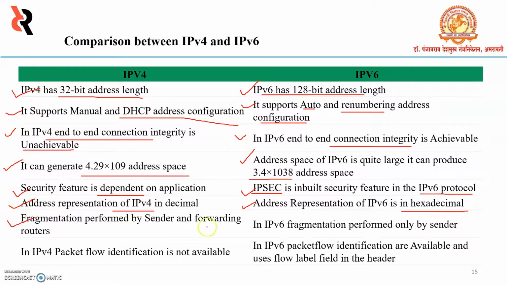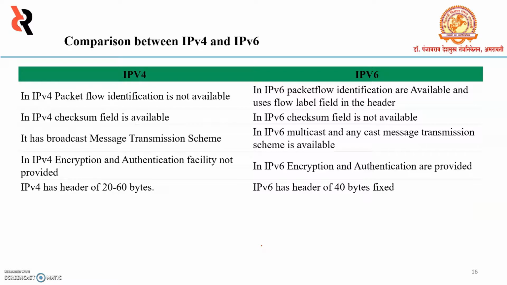Fragmentation in IPv4 is performed by the sender and forwarding routers, while in IPv6 fragmentation is performed only by the sender. In IPv4, packet flow identification is not available, while it is available in IPv6 with the help of the flow label.